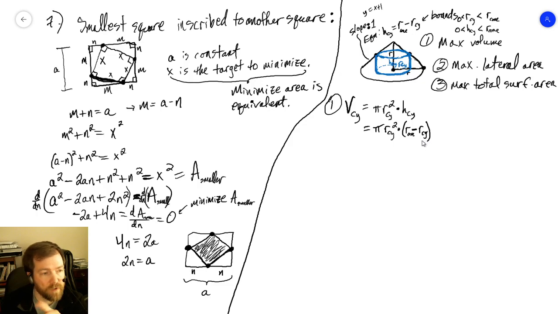Alright, the radius of the cone is going to be constant. The radius of the cylinder is going to be variable. So let me get the volume of the cylinder here. Now we only have one variable. So that's going to work here.